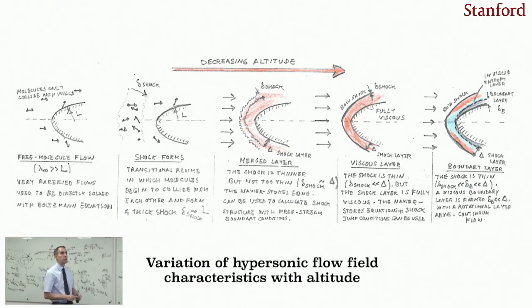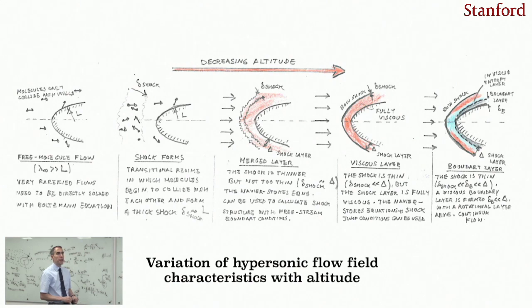One could, for instance, use the Navier-Stokes equations to calculate that flow subject to the free stream conditions. That is to say that the Rankine-Hugoniot jump conditions would still not apply across that very thick shock. Then if one decreases the altitude even further, the shock becomes very thin, much thinner in particular than the shock layer.